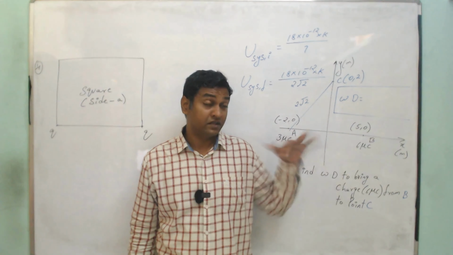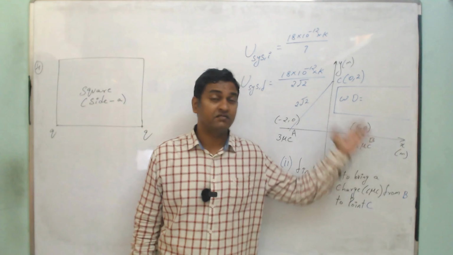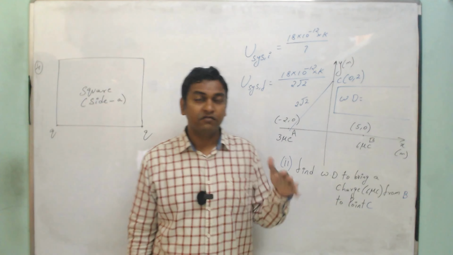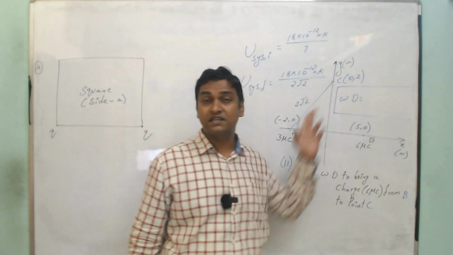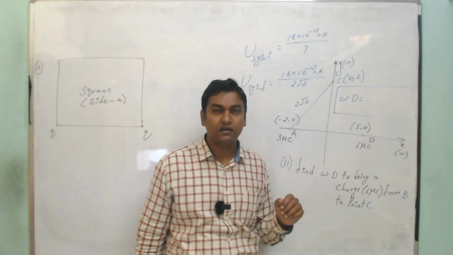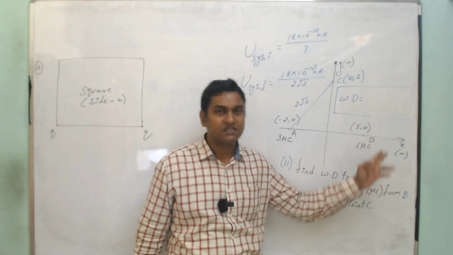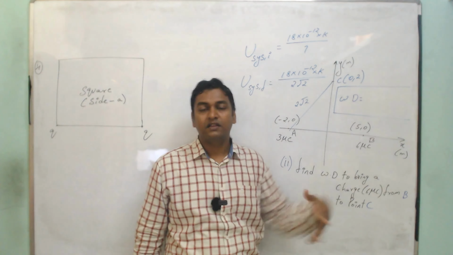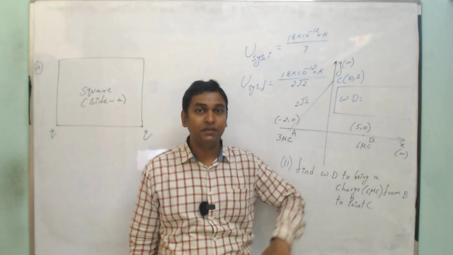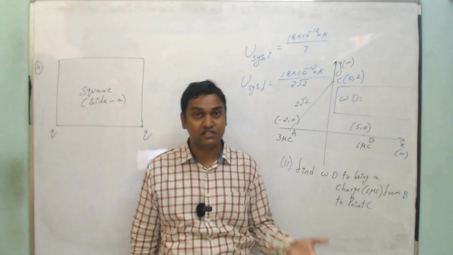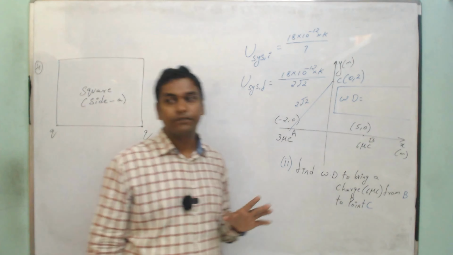So, in the earlier case, from 7 if it goes to 10, work done by me is 10 minus 7. Or in the other case, if it goes from 7 to 4, then also work done by me is 4 minus 7, which is minus 3. Yes, sir.